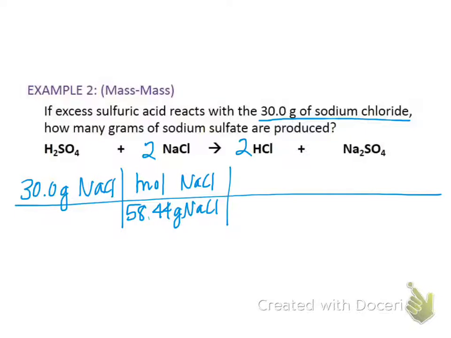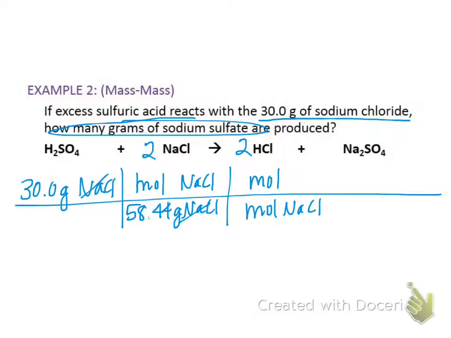Now that I am in moles, I can use my mole ratio, so I want to get rid of moles of sodium chloride, and I'm going to moles of sodium sulfate. Ultimately I'm going to go to grams, but first I have to go to moles.